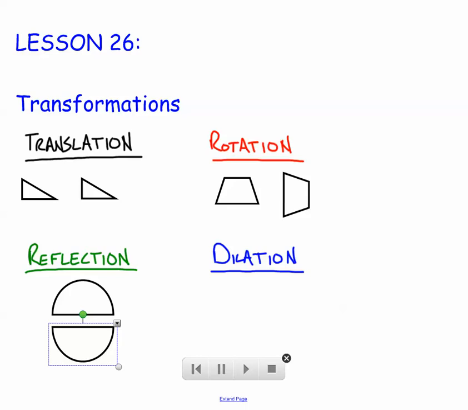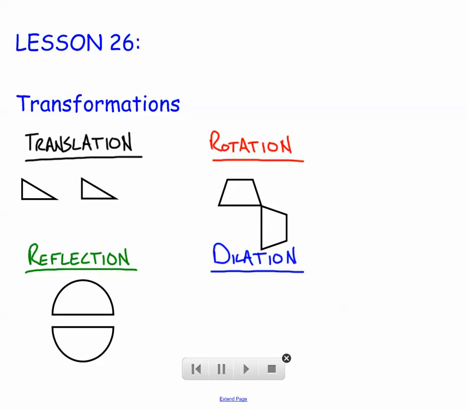So that's a reflection. Oh, some might argue too that that's a rotation, and I don't know that I'd so much disagree with them. Rotation really is more like around a certain point, something like this.